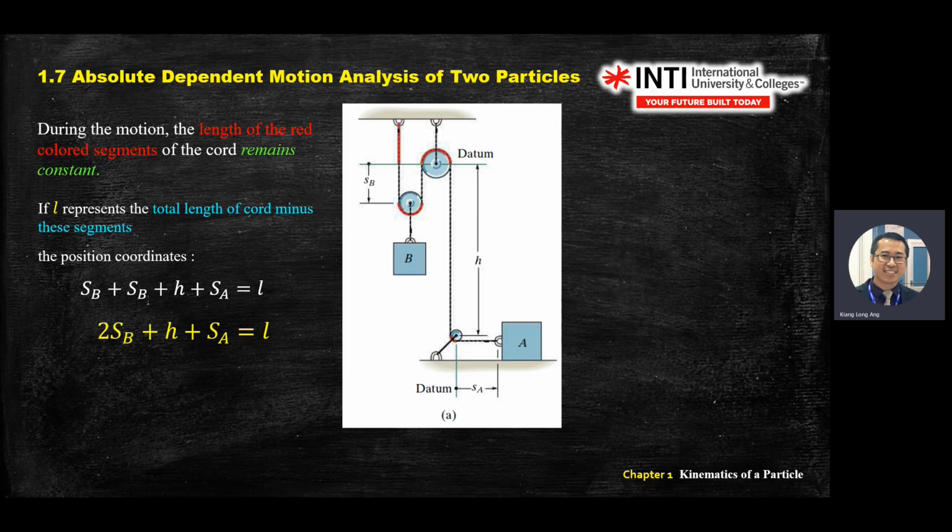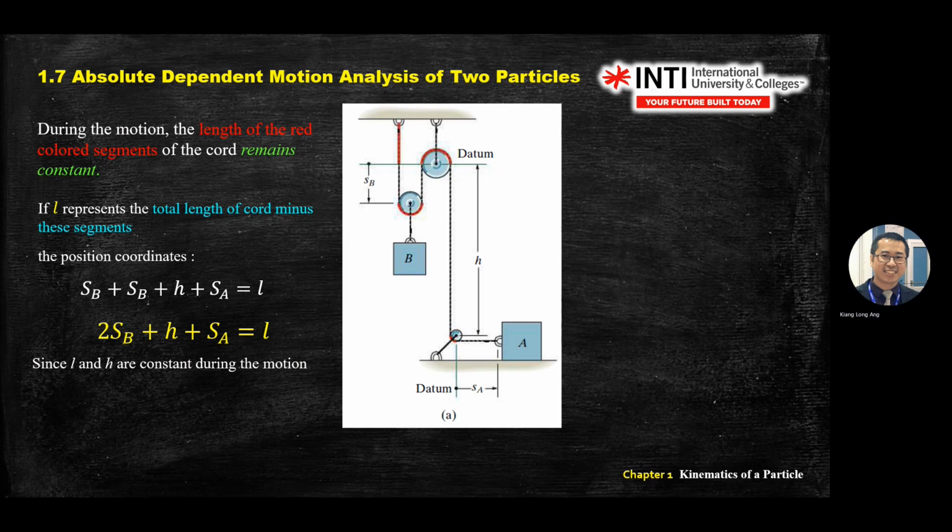All right. Now, once you have the total length, next you want to find the relationship between SA and SB. Before you move on, you know that the next step you want to find velocity. So you differentiate this yellow color equation with time. So SB will become velocity.